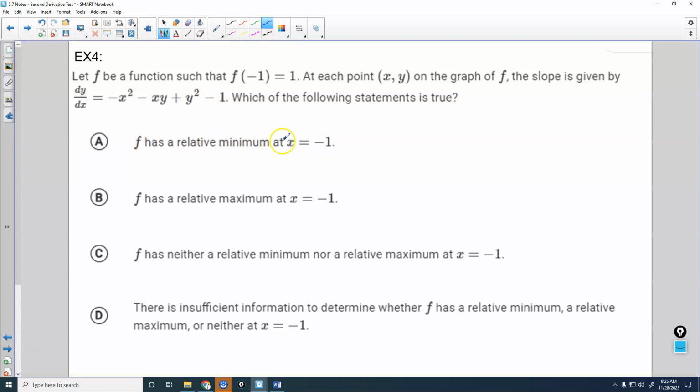So we're looking for a relative minimum at negative 1, a relative maximum at negative 1, neither one, or there's insufficient information. Okay, so although it doesn't say consider negative 1, all your answer choices let you know negative 1 is the point we care about, right? Are we going to be able to make a sign line for an implicitly defined function?